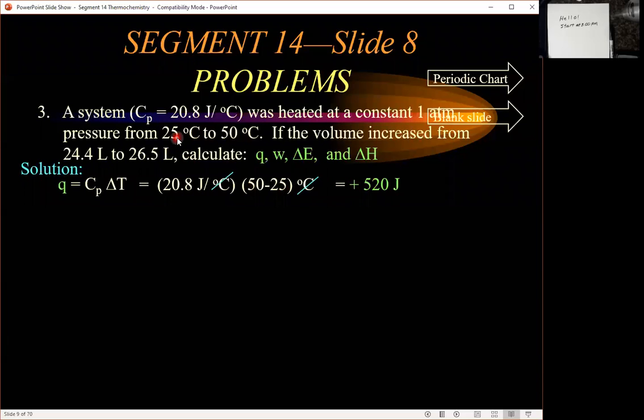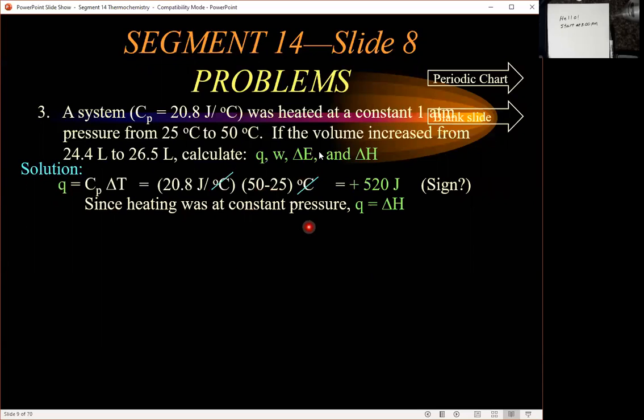If I'm going to take something from 25 to 50 degrees, do I have to put heat into it? Well, of course I do. Heat going in is positive. So that's how I'm getting my sign. I'm not going to take final minus initial and run the risk that I've got it backwards. I'm going to do the math, and I'm going to check the sign.